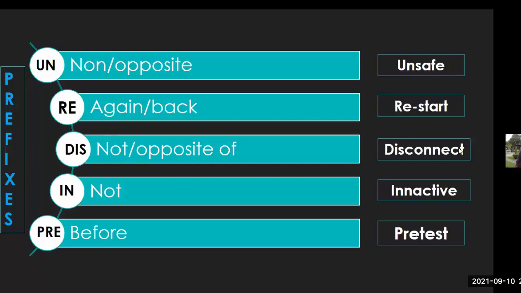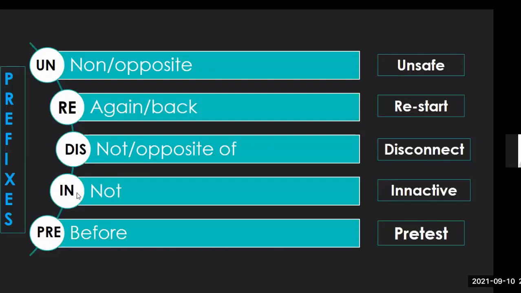Connect is a verb, an action. You plug in, right? Connect, or you join two pieces, connect. If you add the prefix dis, it means that this is not connected anymore. So disconnect, separate, right? Separate.